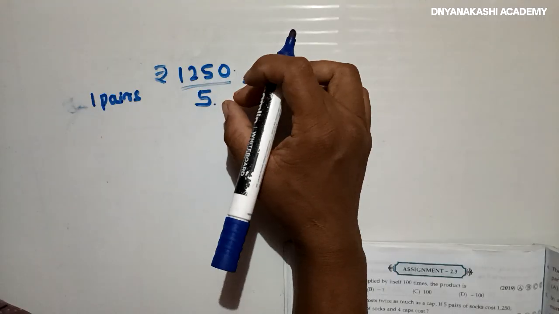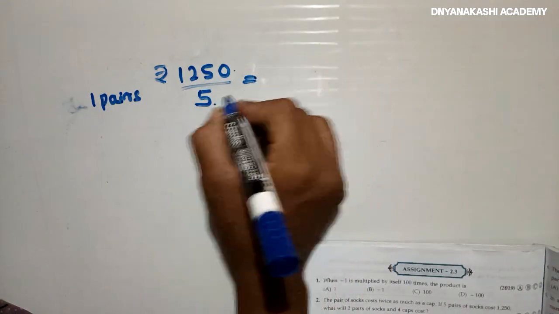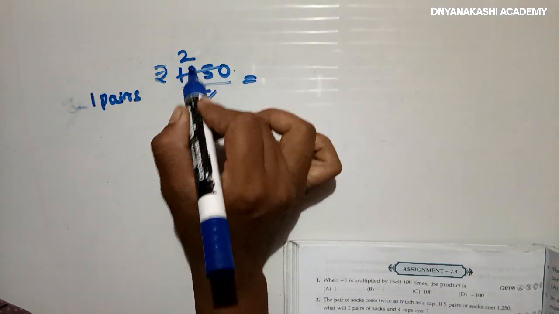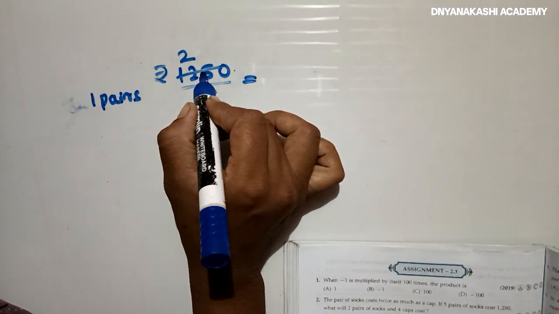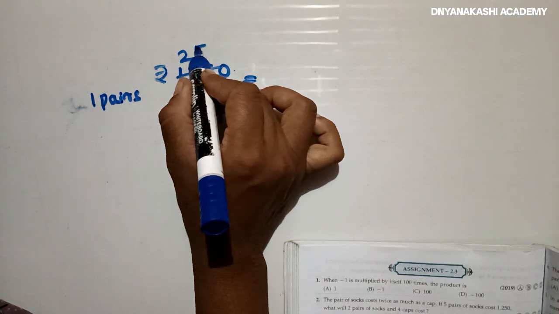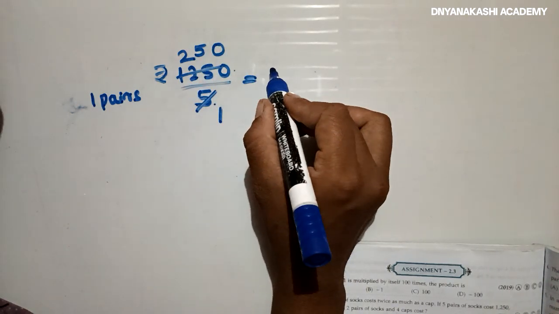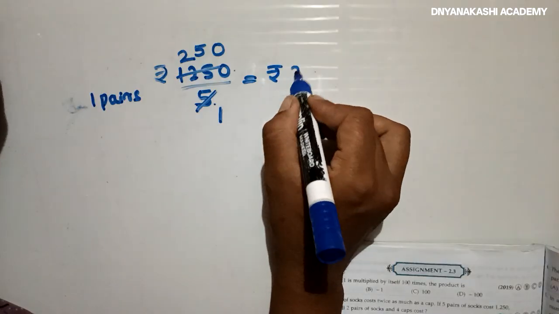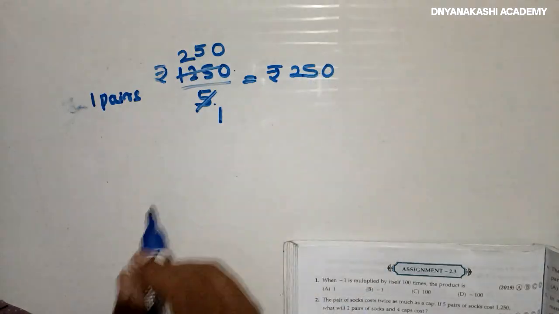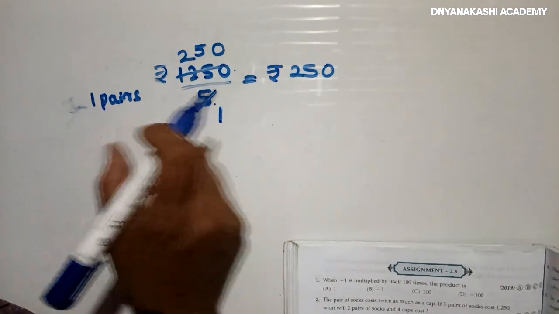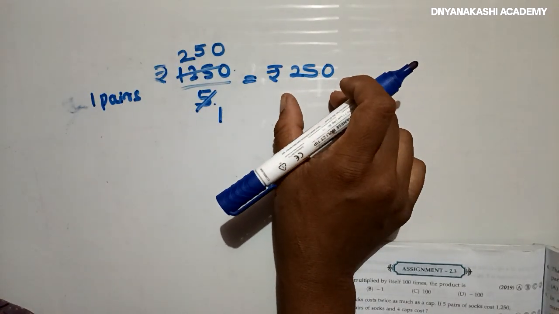We do the division: 5 ones are 5, 5 twos are 10, 2 carry here, 25, 5 fives are 25, and 0 as it is. The value of one pair of socks is 250.